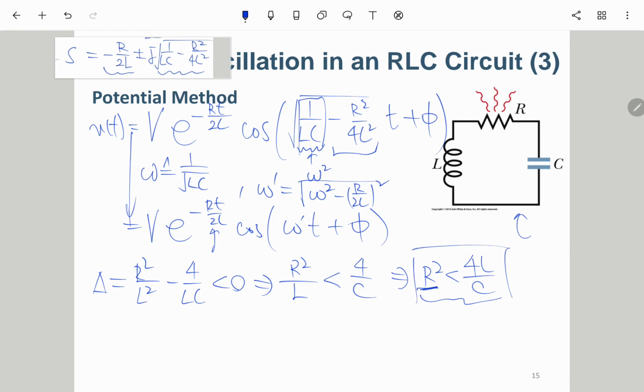This R should be small, smaller than the square root of 4L over C. If R is larger than this value, then this RLC circuit won't oscillate.